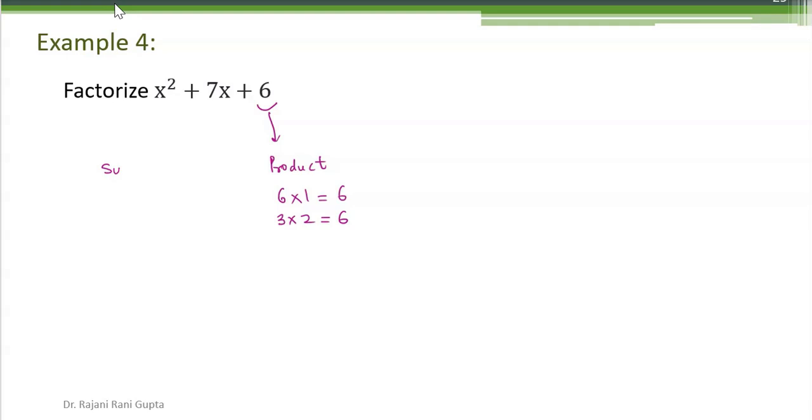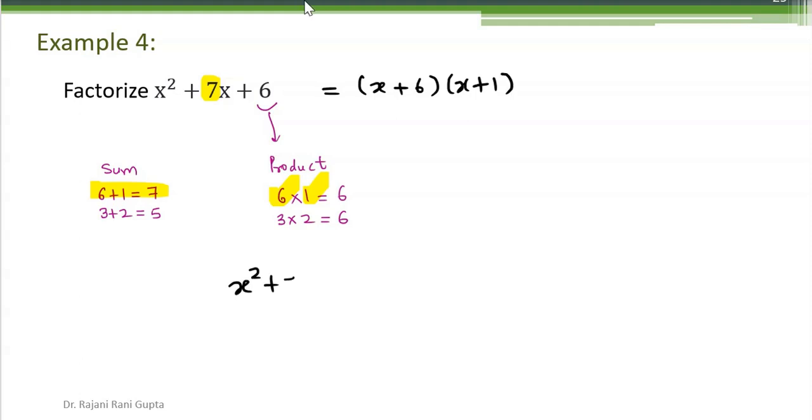Let's see what we have when we add them. 6 plus 1 gives you 7 and 3 plus 2 gives you 5. But what we need here is 7, so we are going to select 6 and 1. In this case, our factors become x plus 6 times x plus 1. I hope now it is clear. So the factors of x squared plus 7x plus 6 are x plus 6 and x plus 1.